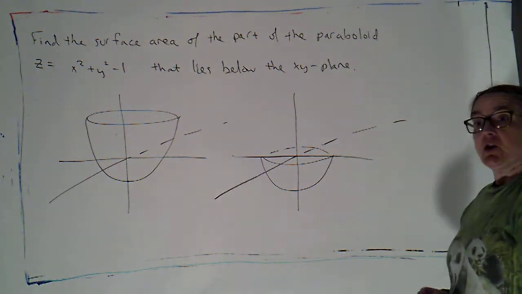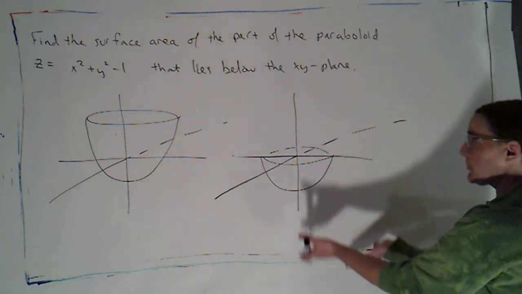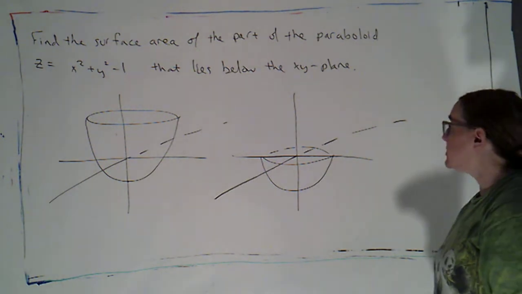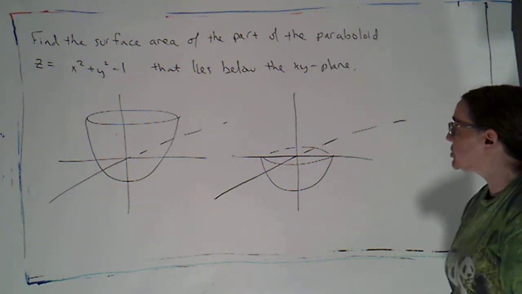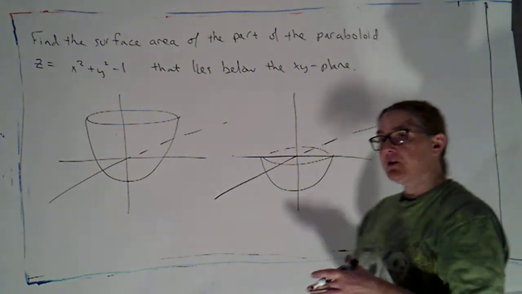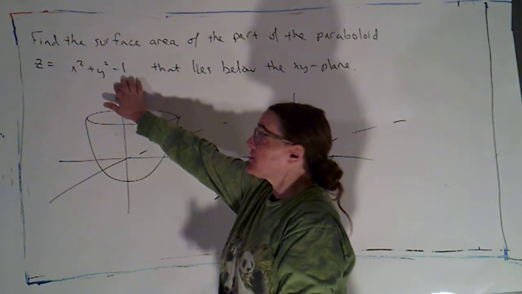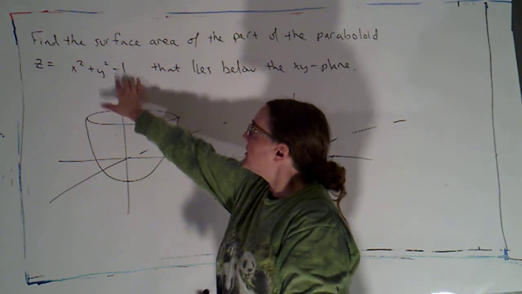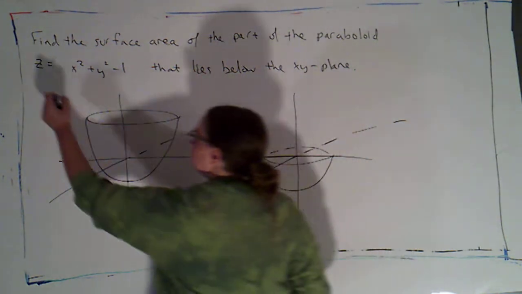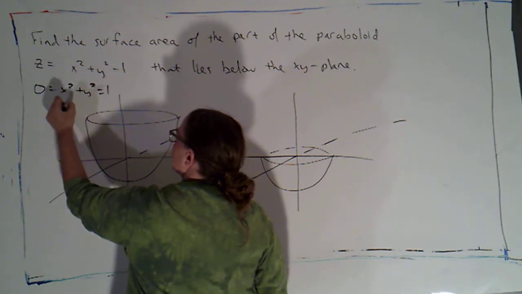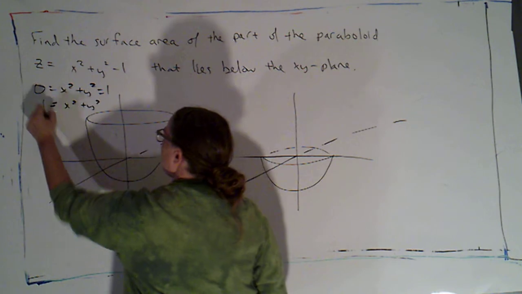Okay. So, if I project this onto the xy plane to find what my region is that's the domain of this function, I basically am looking for where this thing intersects the xy plane, which would be where z is equal to 0. But if z is equal to 0, then x squared plus y squared is going to equal 1.